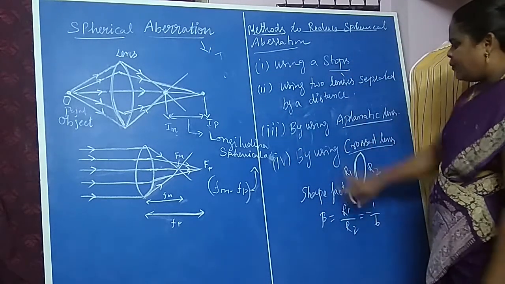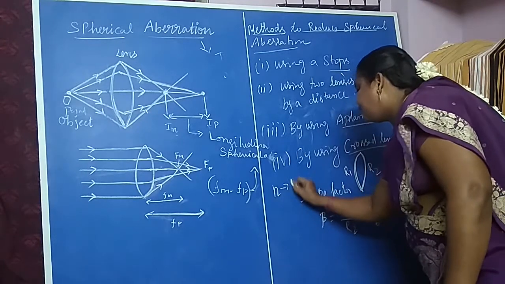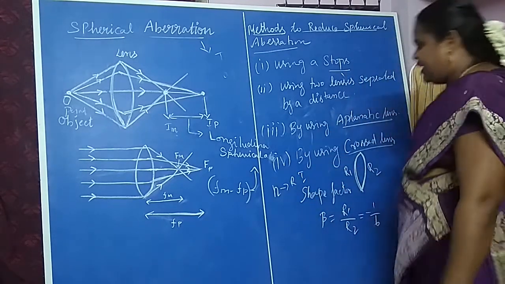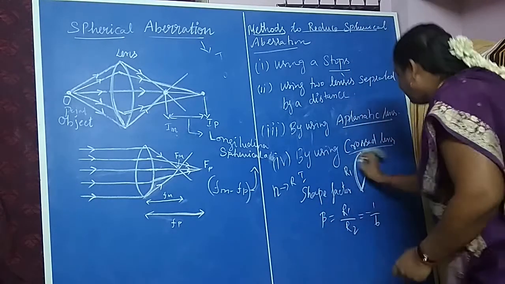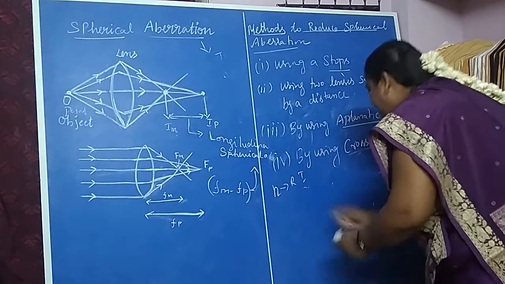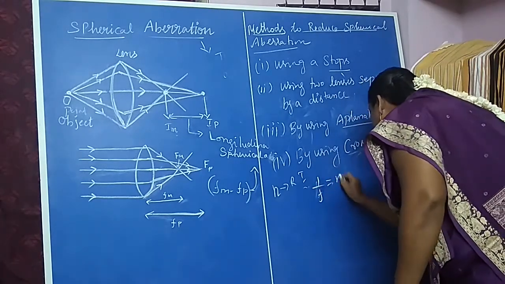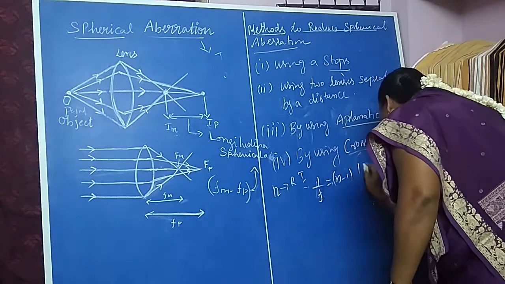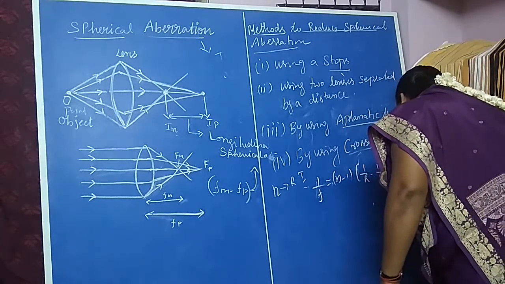This spherical aberration also depends upon the refractive index of the material of the lens, because the focal length f of the lens is equal to n minus 1 into 1 by R1 minus 1 by R2.